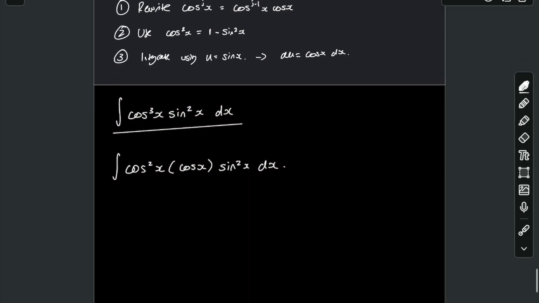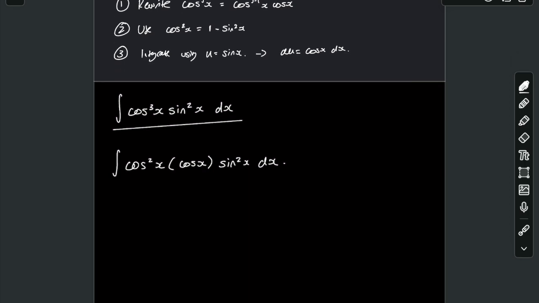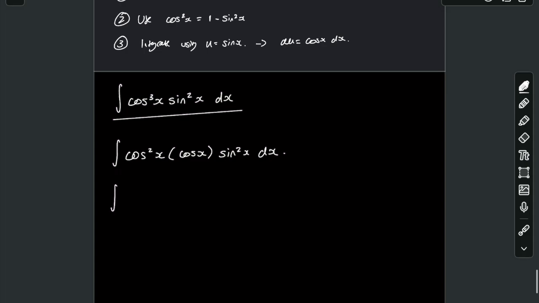We're then going to use our trig identities, so we get 1 minus sin^2 x, times that by cos x, and we've got sin^2 x here again.